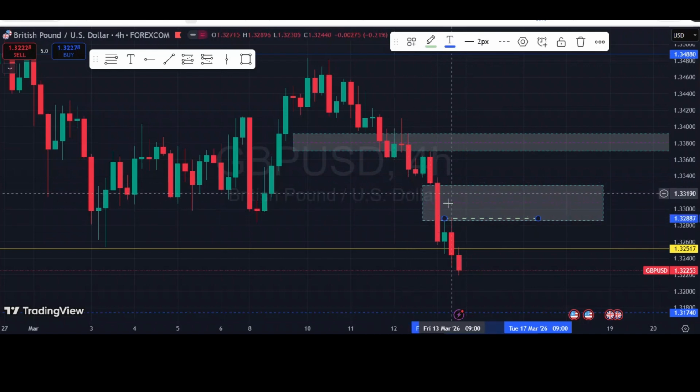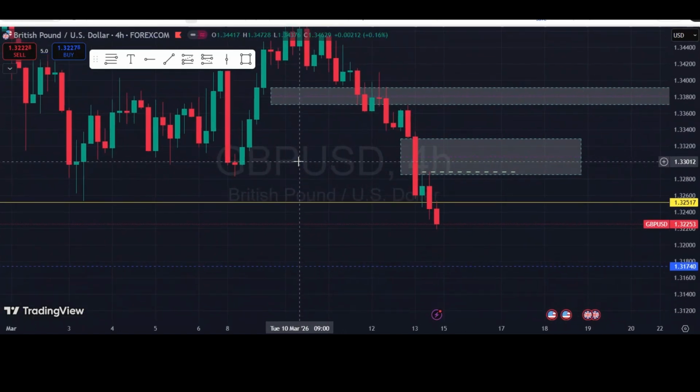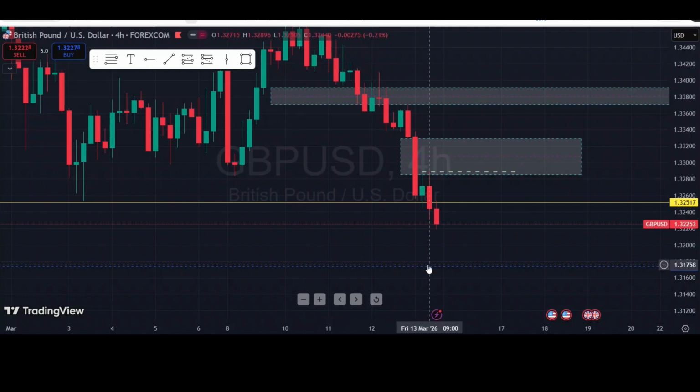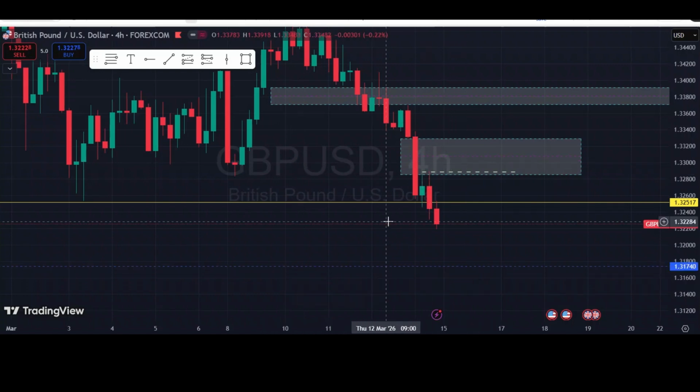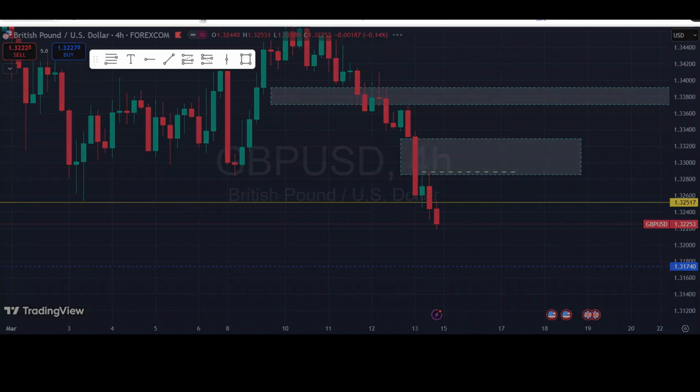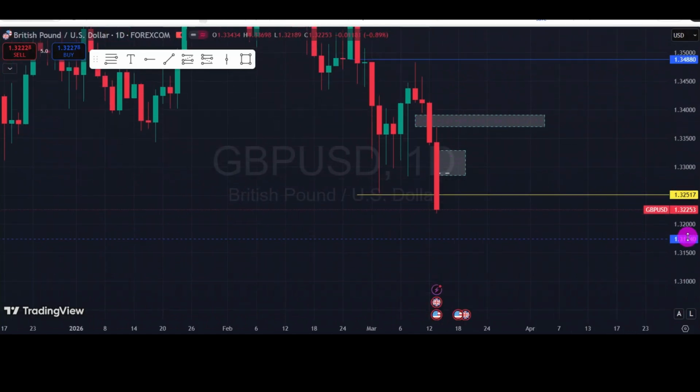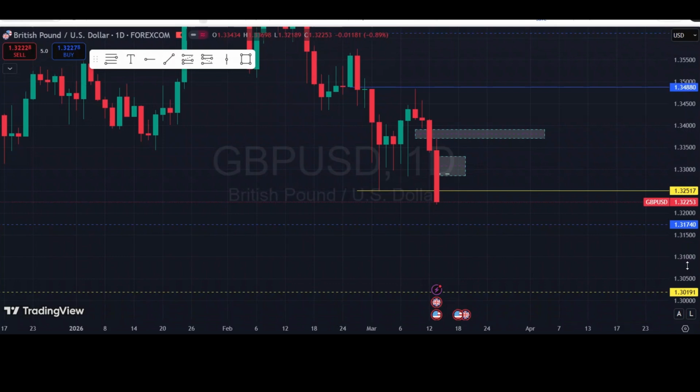But let's see, the reactions we get here will give us an idea whether to take a short to continue to go down or give the price the opportunity to continue to go up. But these levels are being mapped out for you to keep your eyes on. But we watch to see draw on liquidity on the 1.3174. And if it continues to go down, the next draw on liquidity will be the 1.3019 apparently.